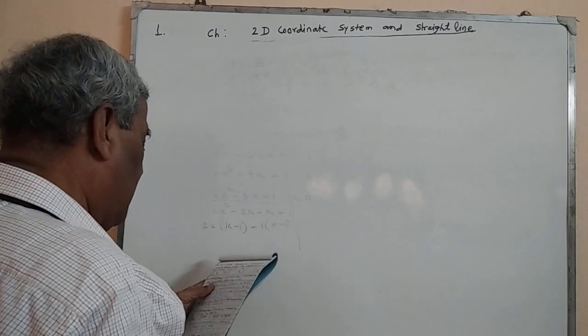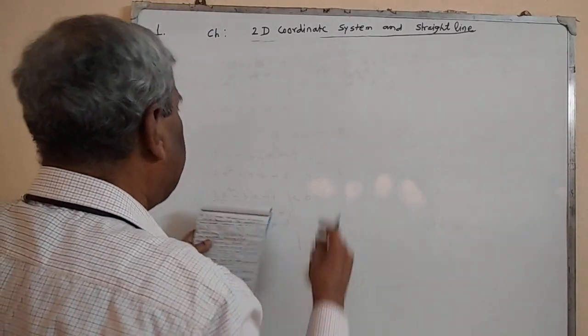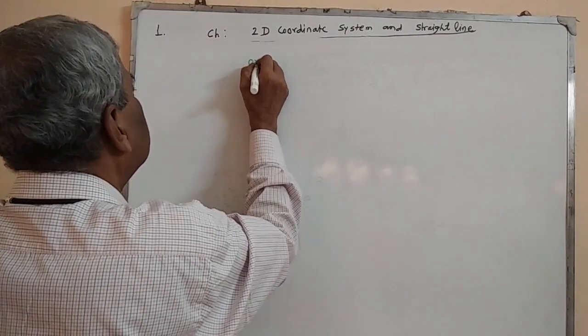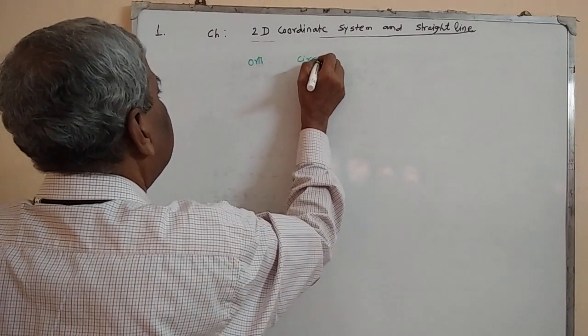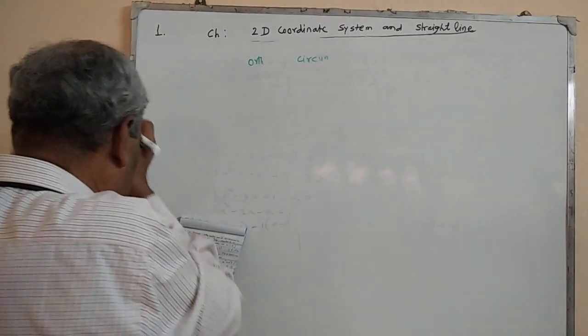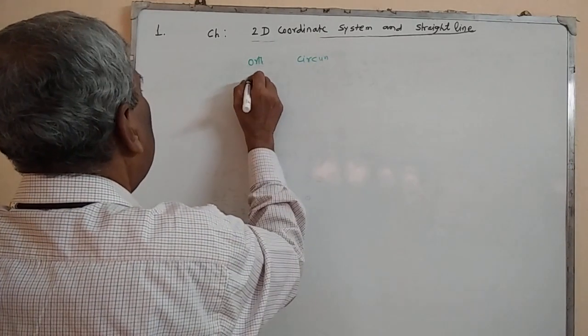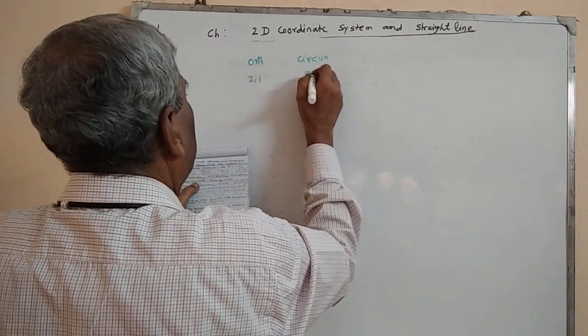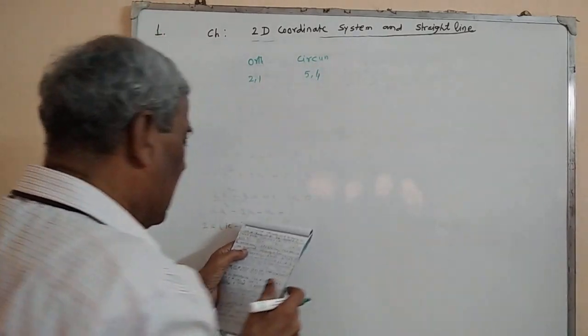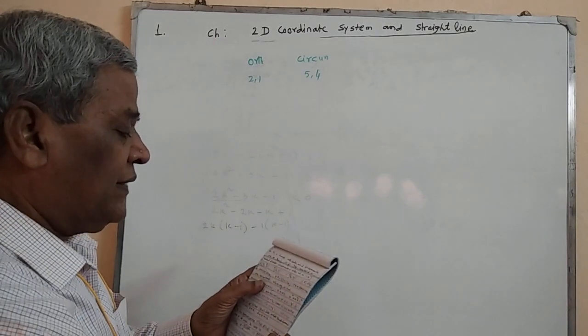In a triangle, the orthocenter and circumcenter are at 2,1 and 5,4. Its centroid is.